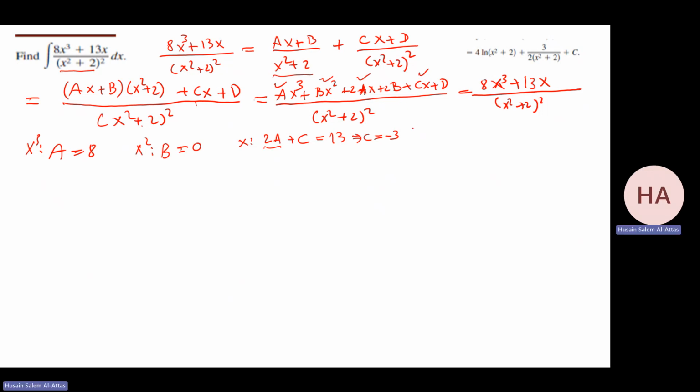That is easy. The constant is 2b plus d. B is 0, so that implies d equals 0. I got everything. Now, let me call this I.